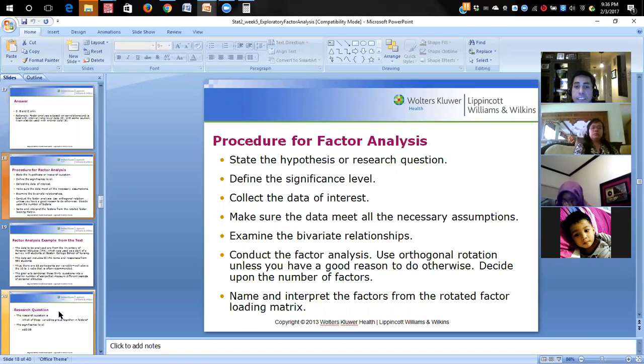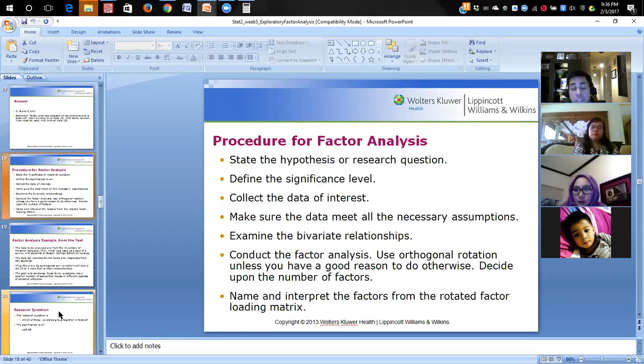And then this is the procedure for factor analysis. You state the hypothesis, and then you define the significance level. You collect the data of interest, and then make sure the data meet all the necessary assumptions. Examine all the bivariate relationships. So there's item to item correlations, item to total scale correlations as well. There's many things that you need to look at.